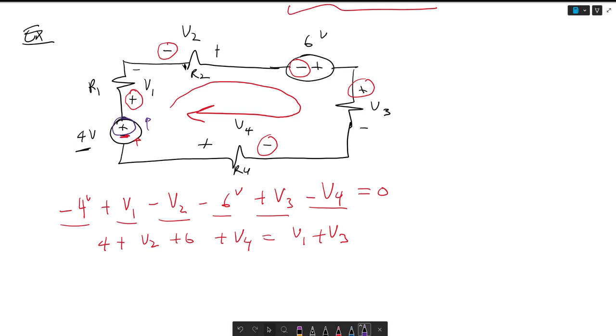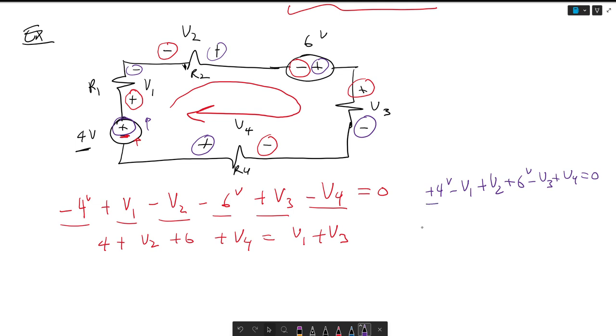Now, if I were to do it by the convention of if the current is leaving, I use that sign. This would be plus 4 volts minus V1 plus V2 plus 6 volts minus V3 plus V4 is equal to 0.